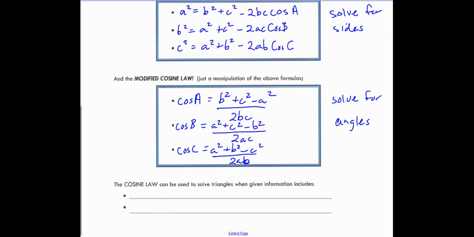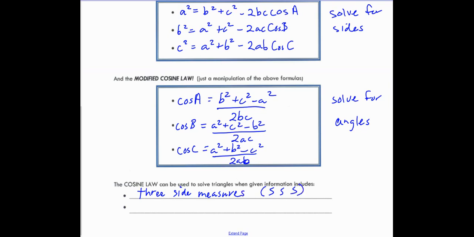So the cosine law can be used to solve triangles when given information includes, here's the best way to remember it, 3 side measures. And we say side, side, side.